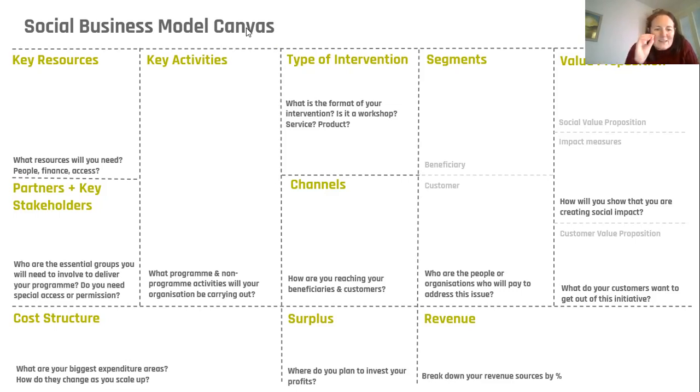These are the key things that you're going to be doing. Sorry, there's an overlap between the key activities and the type of intervention. The type of intervention might be a workshop or an event, retreats, drop-ins. The key activities are what you're going to be doing day to day.